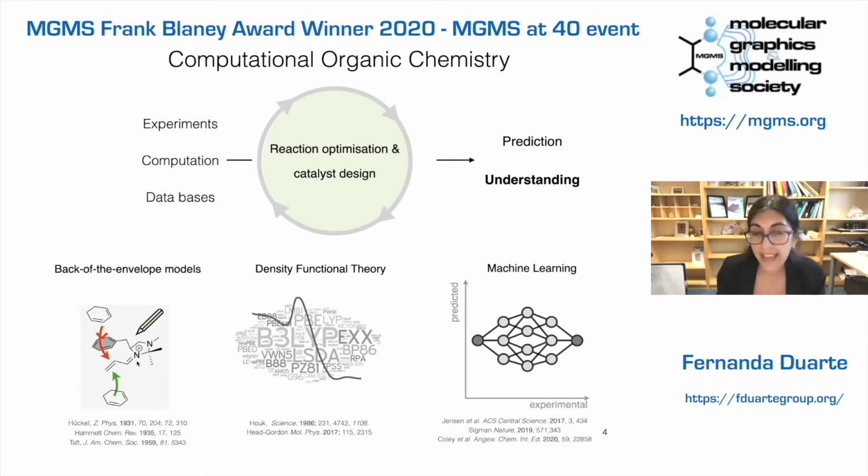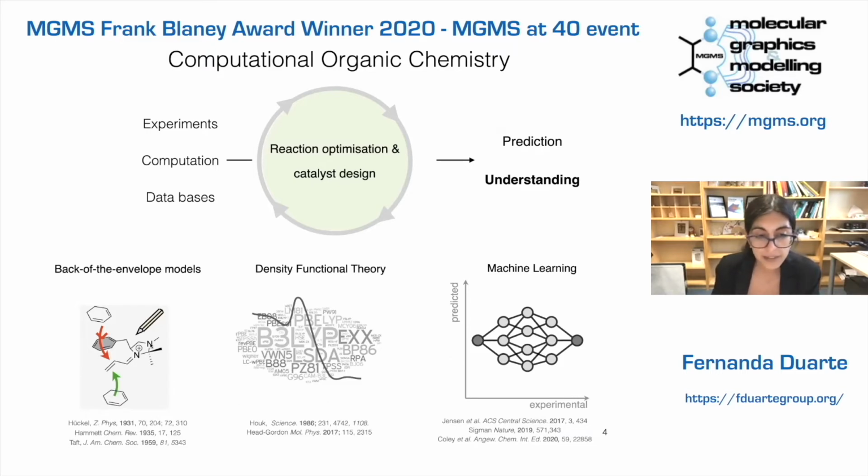We then moved in the 80s and 90s to density functional theory, now widely used, and many of the people using that, such as Ken Houk, really led the move from physics to chemistry, using those tools to explore organic chemistry reactions and really providing a rationale for how reactions are happening in solution. And more recently, we see machine learning being used for retrosynthesis predictions, among many other tools.